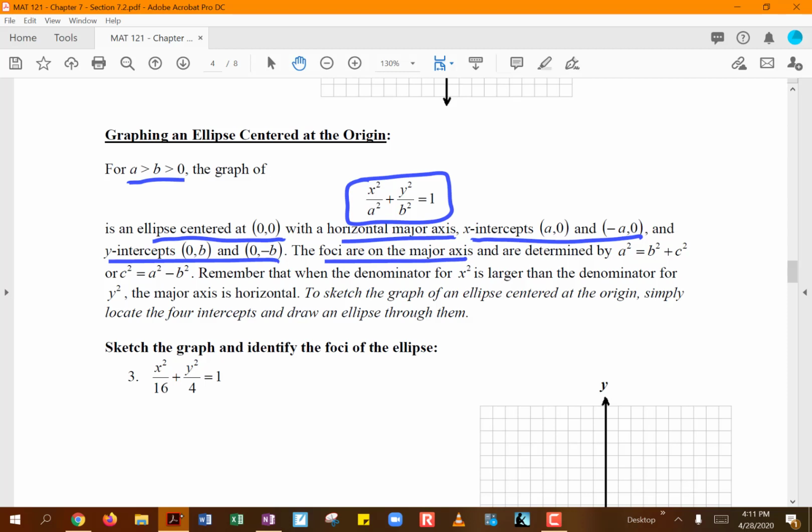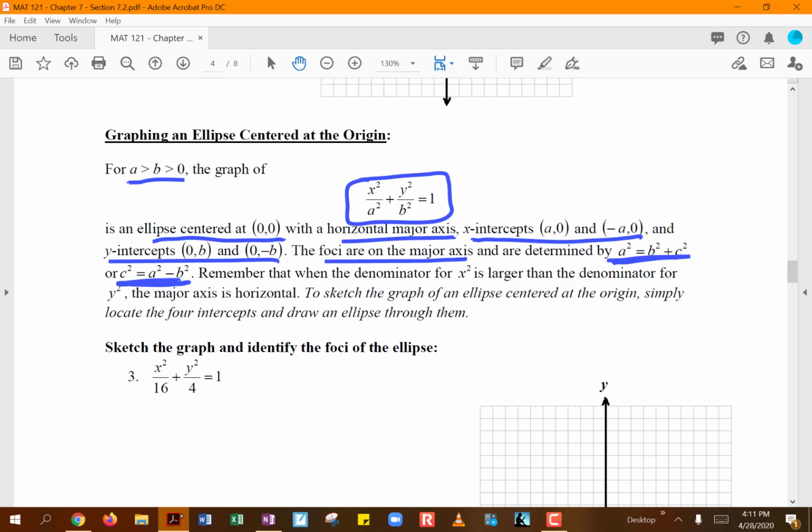And to come up with the value of foci, again you can use this relationship between a square equals b square plus c square, because once you find the value of c, you know where your foci are going to be. They are basically rearranging that same equation if you want to solve for c, so it's up to you if you want to rearrange it and use that form, okay?